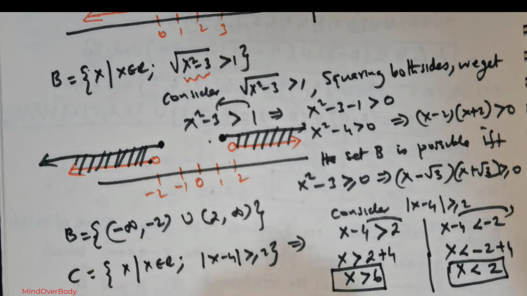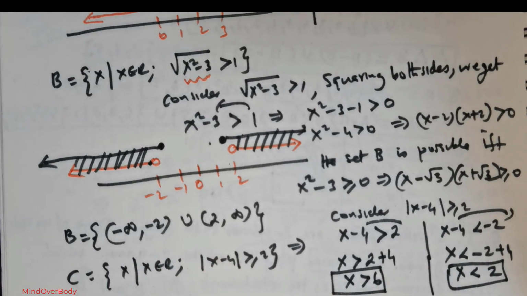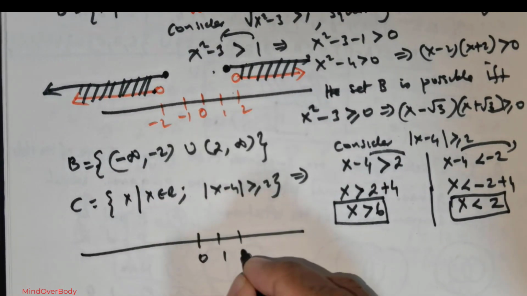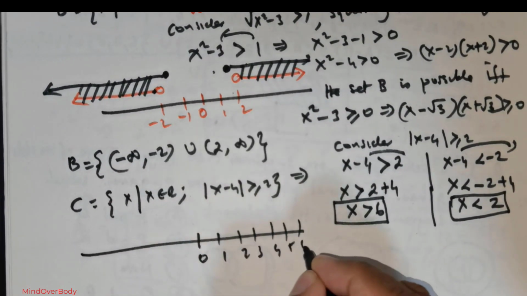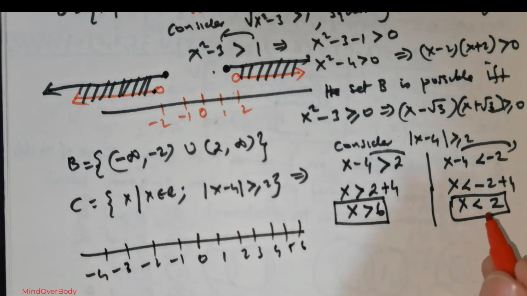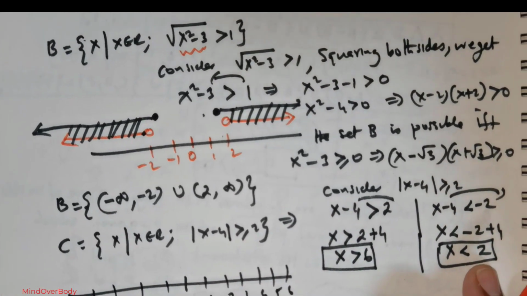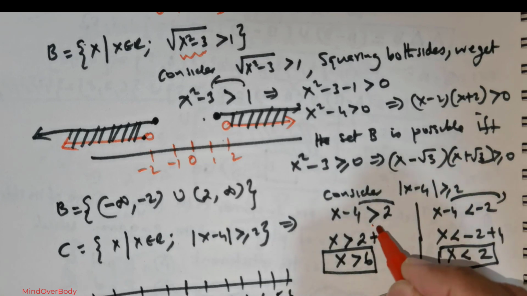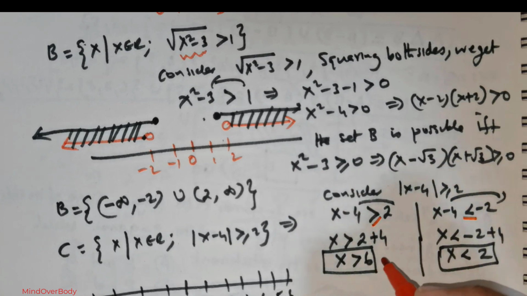So if you were to plot this, let me just show you how it looks. This is going to be 0, 1, 2, 3, 4, 5 and 6, -1, -2, -3, -4. By the way, it is imperative to observe this. This is greater than or equal to, so we need to change that, right? So this is going to be the value.